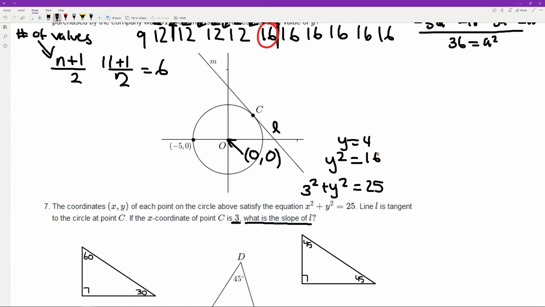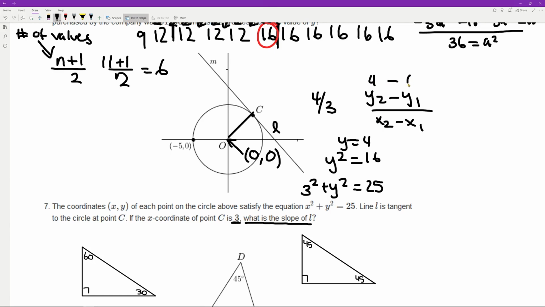And now we have the premise for the slope. So the slope of this line going from the origin to C is going to be 4/3 if you use the slope formula, y2 minus y1 over x2 minus x1, and you just subtract this.